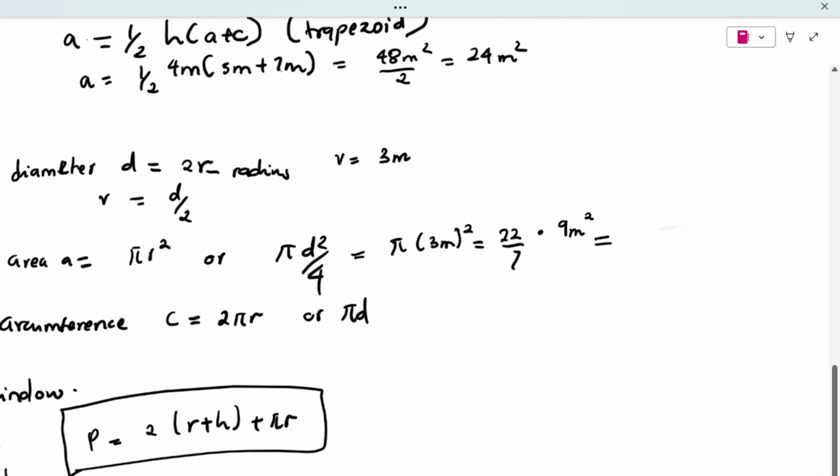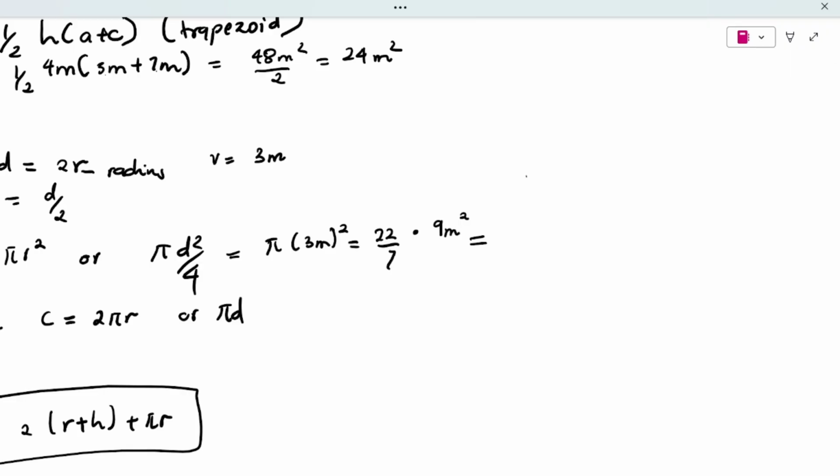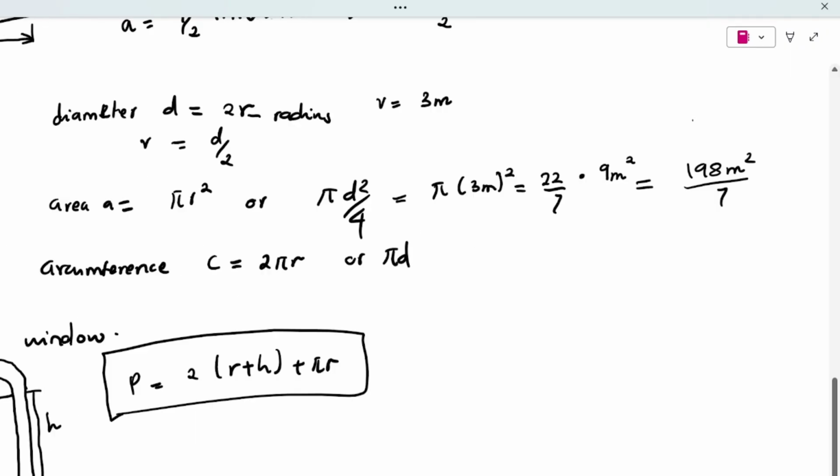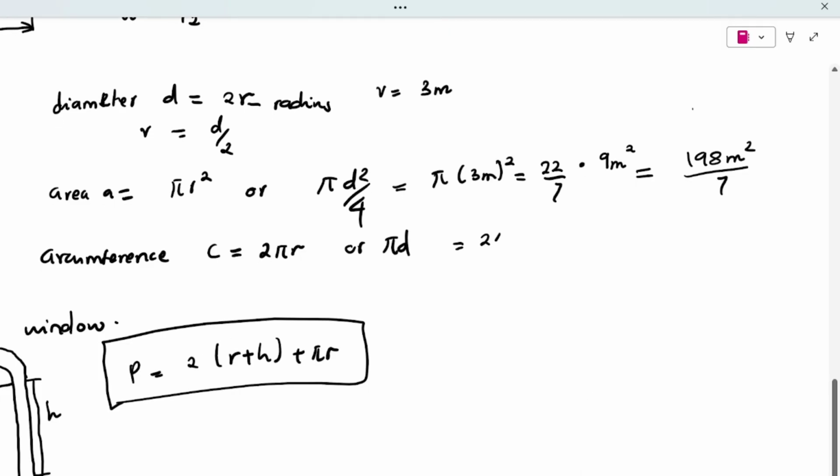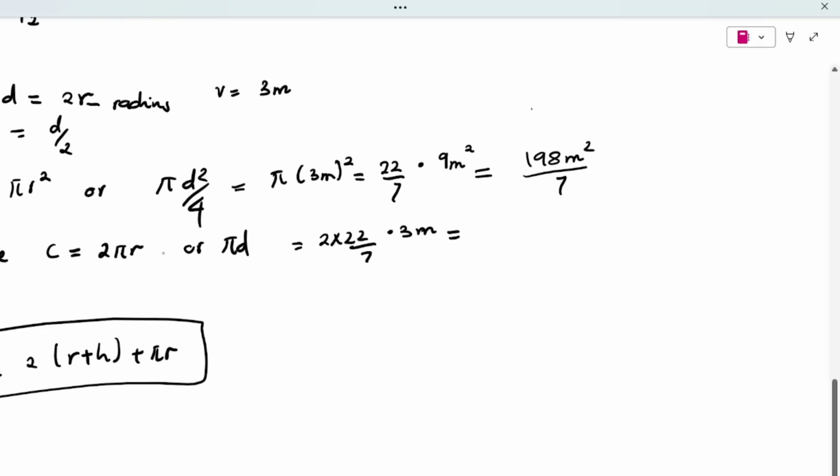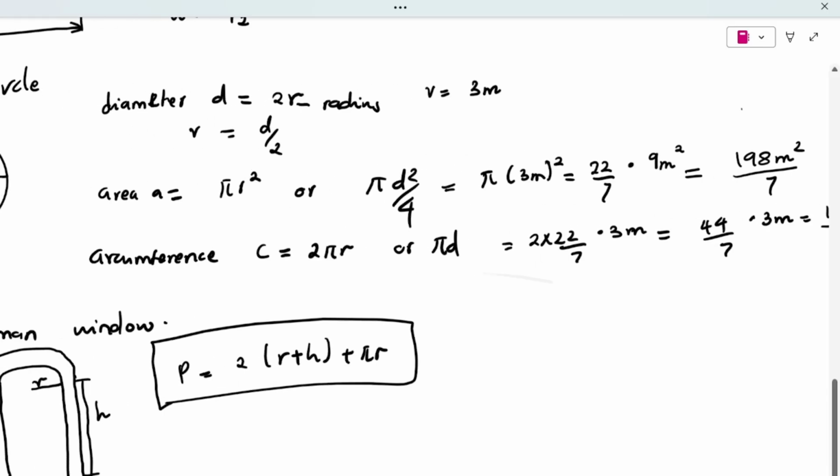So 9 times 22 is 198 meters squared over 7. The circumference is 2 times 22 over 7 times 3 meters, which is 44 times 3 over 7, which is 132 meters over 7.